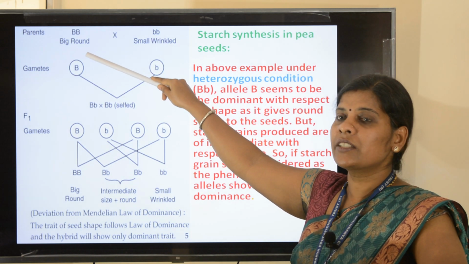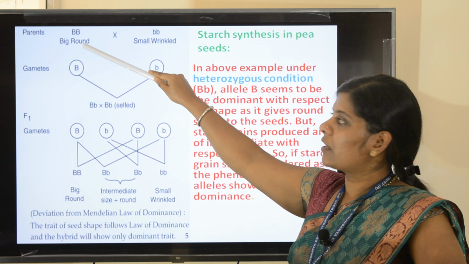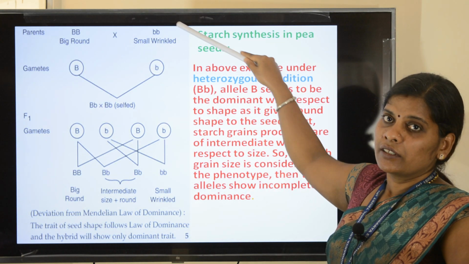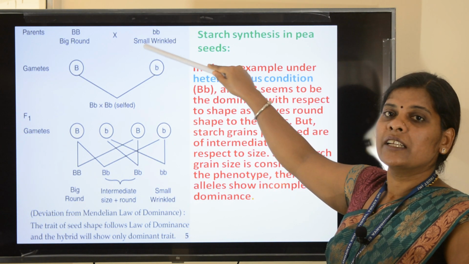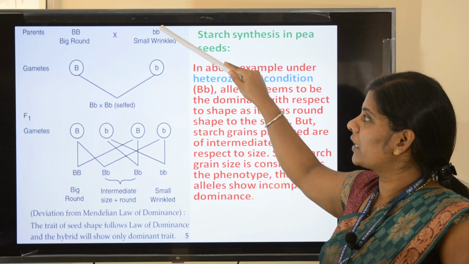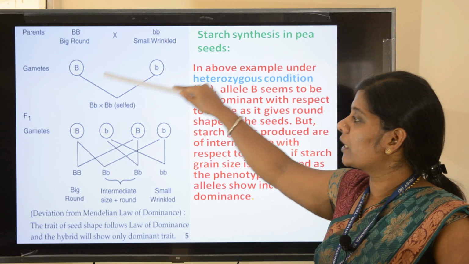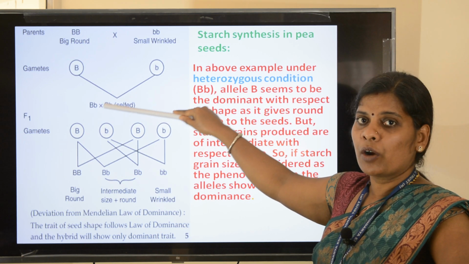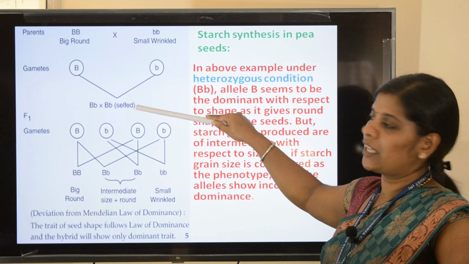Here the seed is round, starch grains are large. Here the seed is wrinkled and less starch is present, grains are smaller in size. When they are crossed, in F1, intermediate sized grains with round shape are produced.